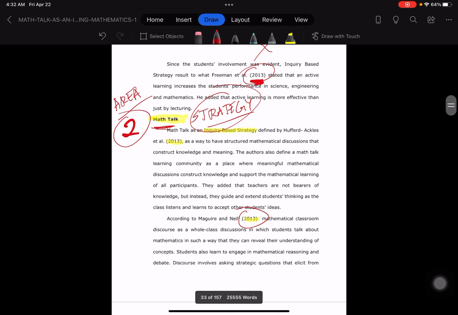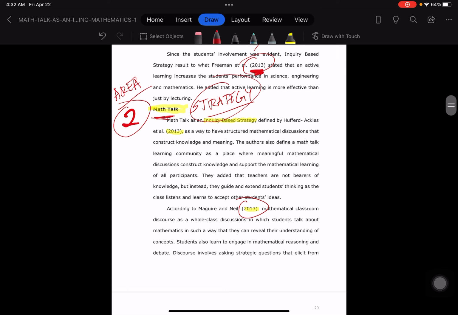And then the next subtopic is math talk, which is already the strategy that they will use. So you have the concept and then you have the strategy, which is the second area for the discussion. This is why it is called thematic approach. You do not use the classification headings of local, foreign, for literature and studies anymore.